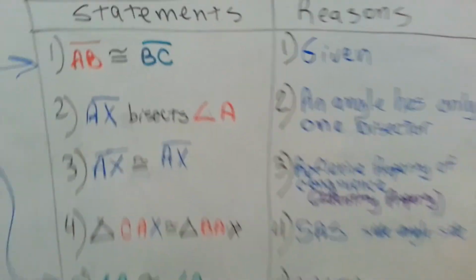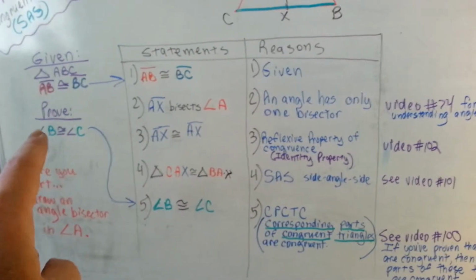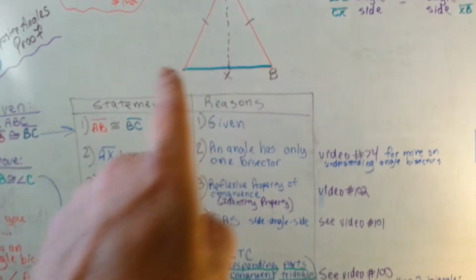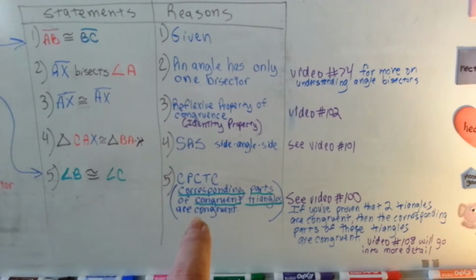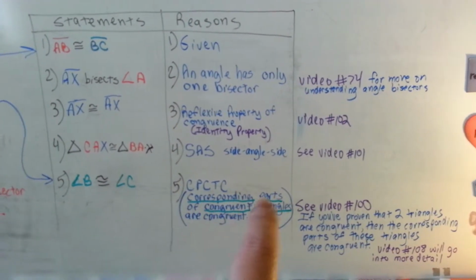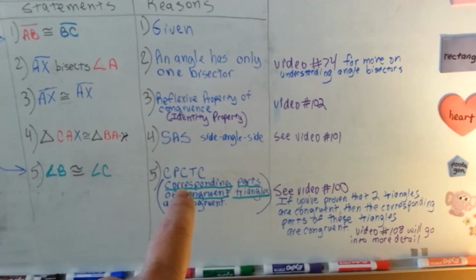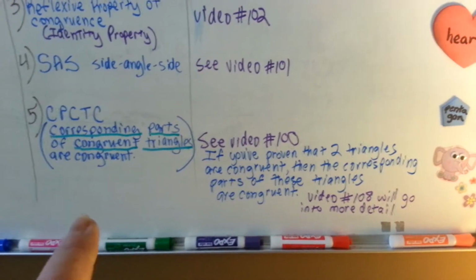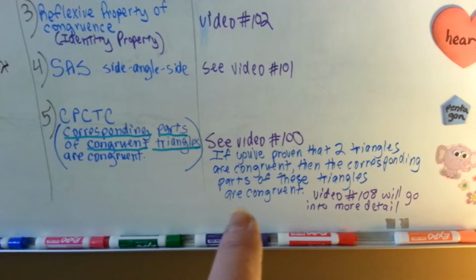Now we can say that angle B is congruent to angle C because of a thing called corresponding parts of congruent triangles are congruent. If you don't know what corresponding parts are, you need to go back to video number 100. We covered corresponding parts. If you've proven that two triangles are congruent, then the corresponding parts of those triangles are congruent.